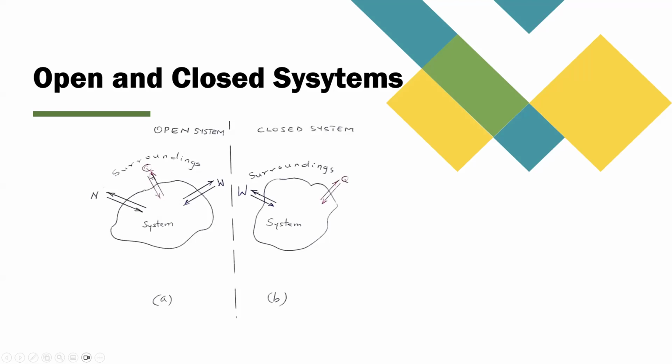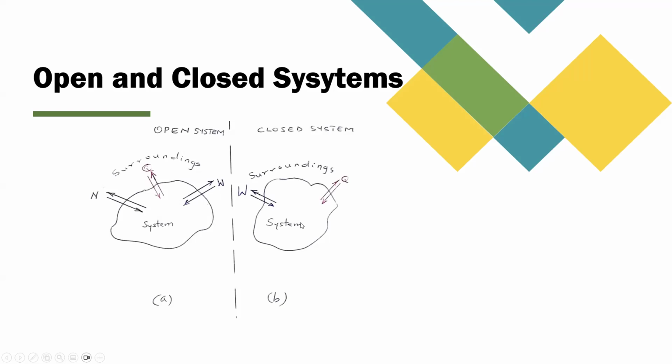Heat can flow in or out, so this boundary is diathermal. The system can exchange work. That means it can do work on the surroundings, and the surroundings can do work on the system. So the boundary is movable.